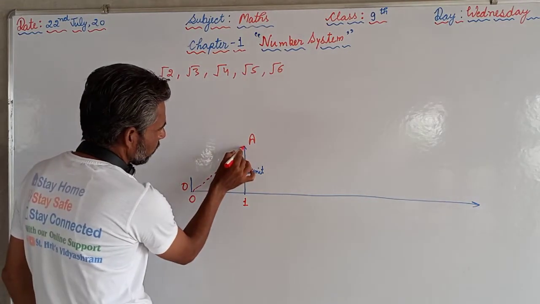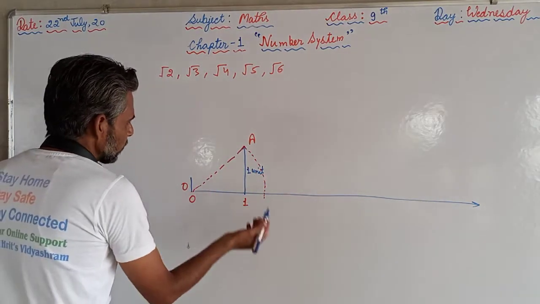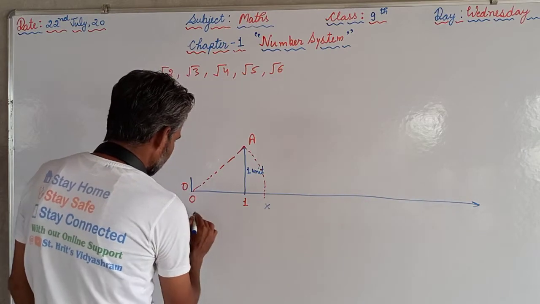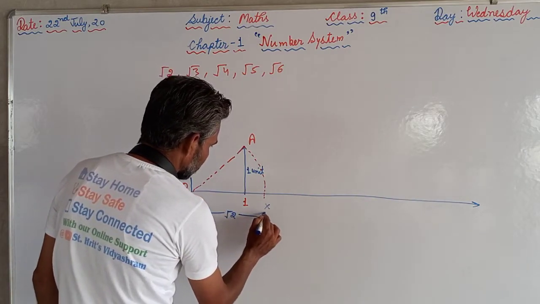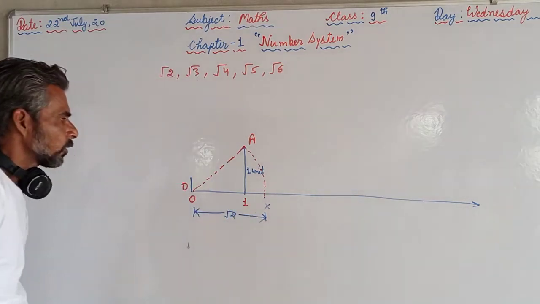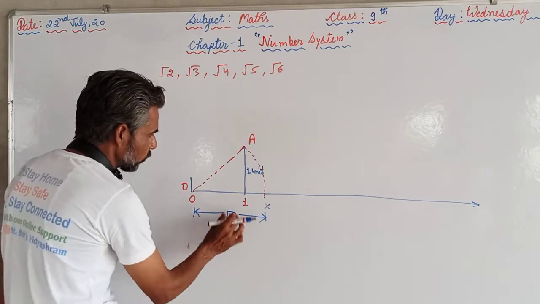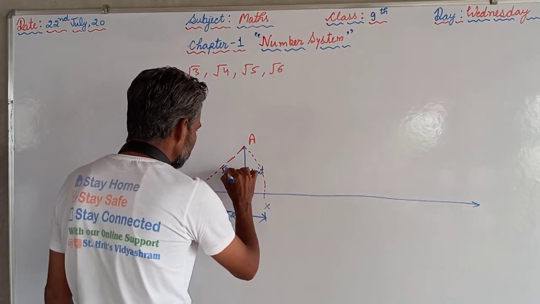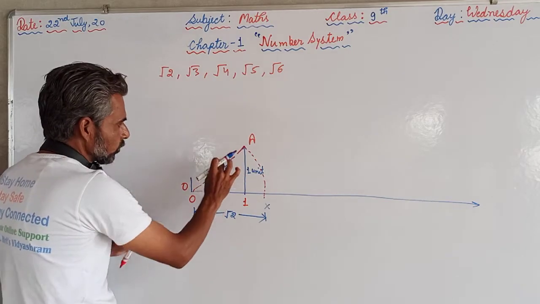Suppose this is the point X, so this will be under root 2, because we are taking the same radius and cutting.